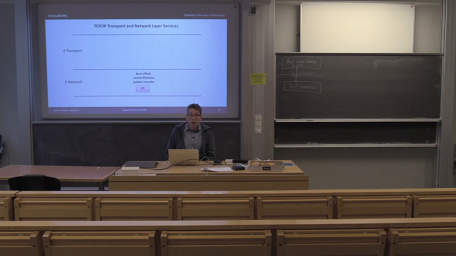Sometimes this is good enough and sometimes it's not good enough. Therefore, above it we have a number of important transport layer protocols. We won't talk about all of them, but UDP is one which is heavily used. UDP basically does nothing to refine the IP service. It is basically just a wrapper around IP.